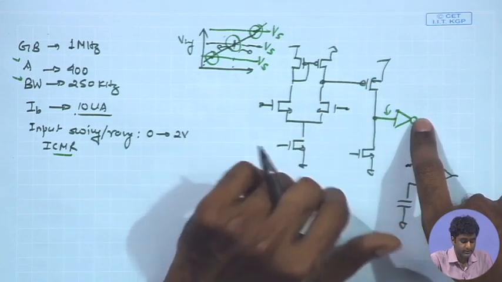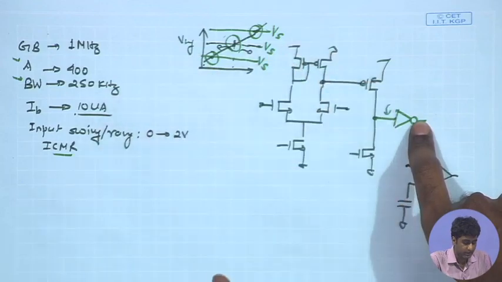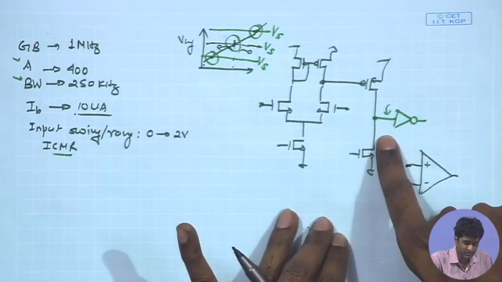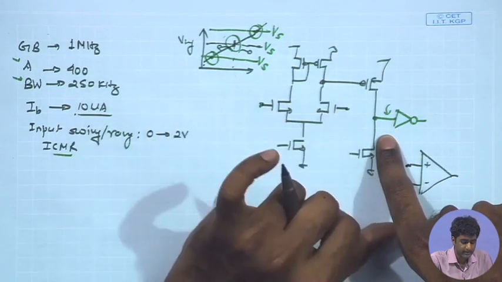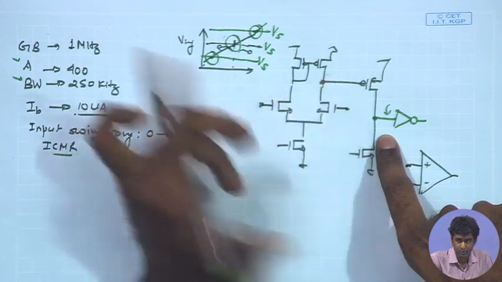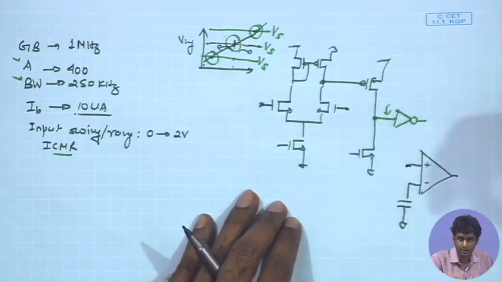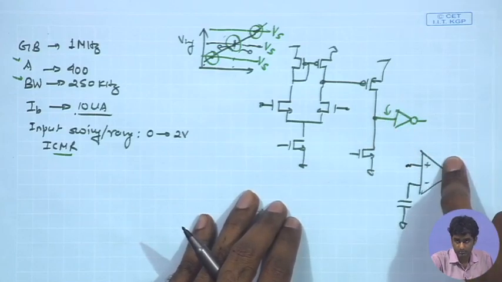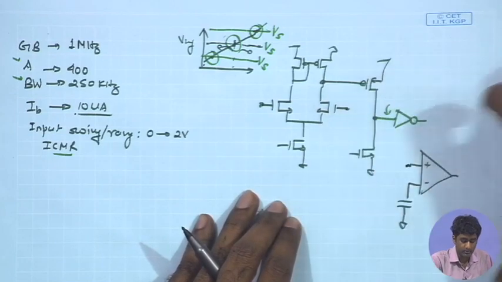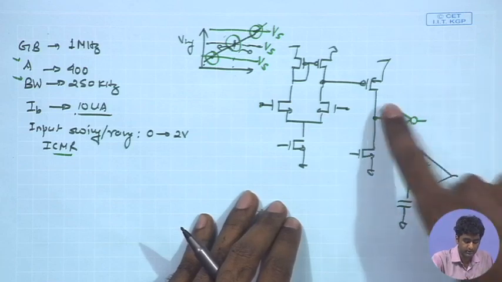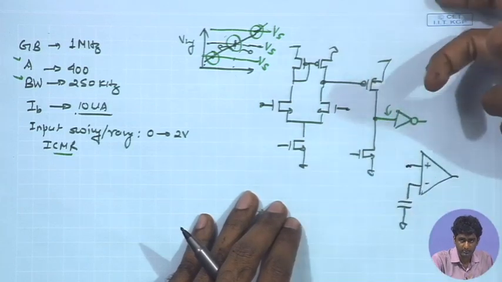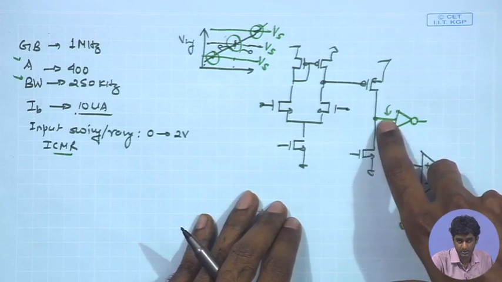Therefore, if you are not having any significant load capacitance over here, in that case the pole over here can become the dominant one. Of course, it depends upon the condition. If your comparator output is feeding a lot of other logic gates, and you are having a lot of other digital circuitry being driven by this output, then it can become a dominant node. You can have a large capacitance over here.